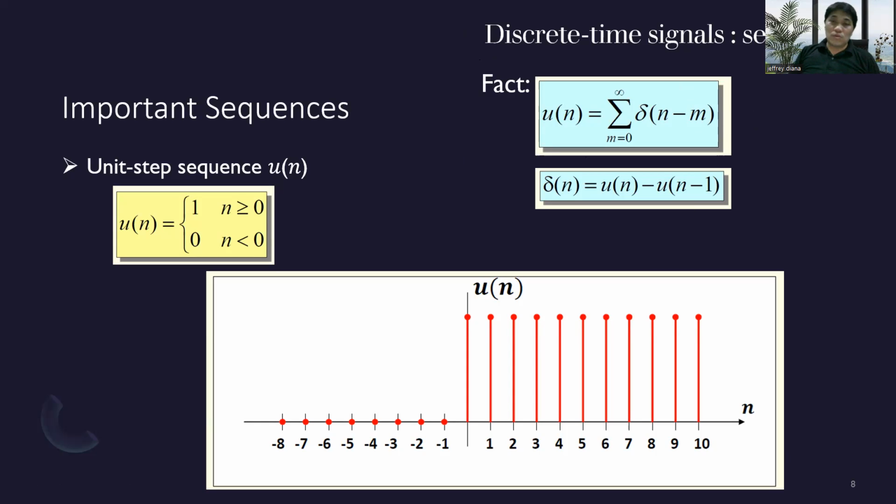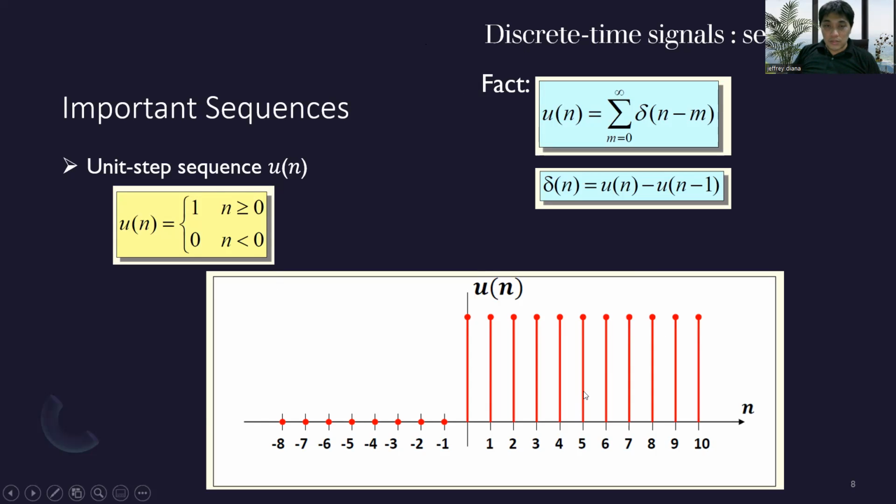u[n] is equal to the summation from m equals 0 to infinity of delta[n-m], or delta[n] is equal to u[n] minus u[n-1]. So here is our graph for the important sequence, the unit step sequence.